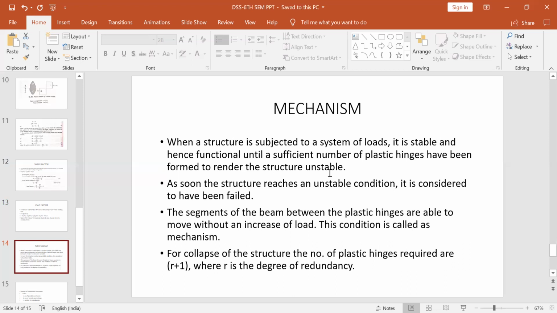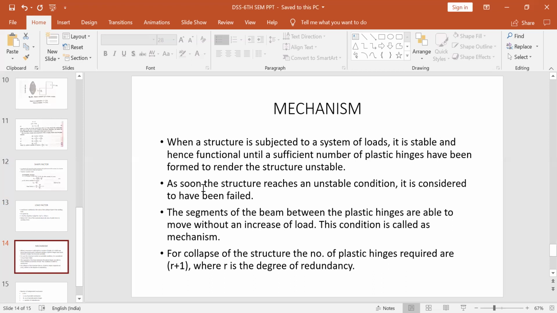Okay, at various parts. I'll tell you where the plastic hinges will form. The formation of plastic hinges is the initiation of failure of the structure. Remember this: until plastic hinges are formed, your structure cannot fail. Your structure cannot enter the plastic stage. This is a very important point.